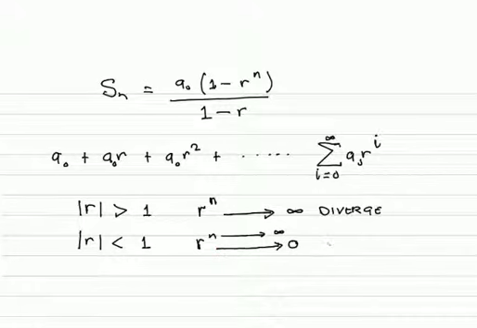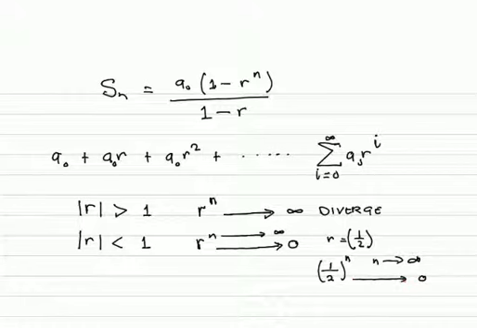You can take an example where r is equal to half. If you successively increase the power of r from 0 towards infinity, you will see that half to the power n, as n goes to infinity, will go to 0.